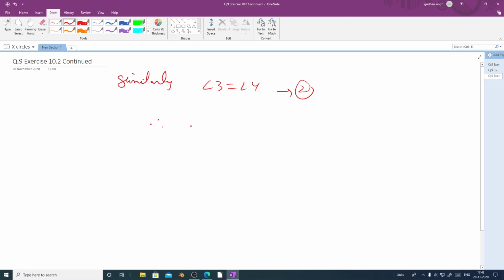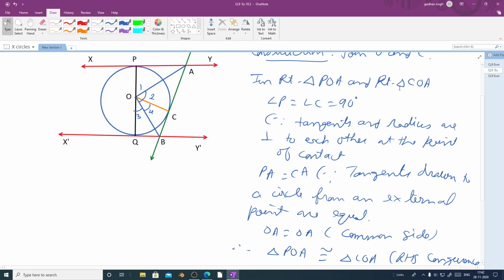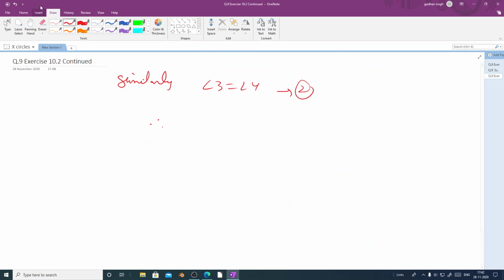Now let us go back to our figure. What we can see is that angle 1 plus angle 2 plus angle 4 plus angle 3 equal to 180 degrees.